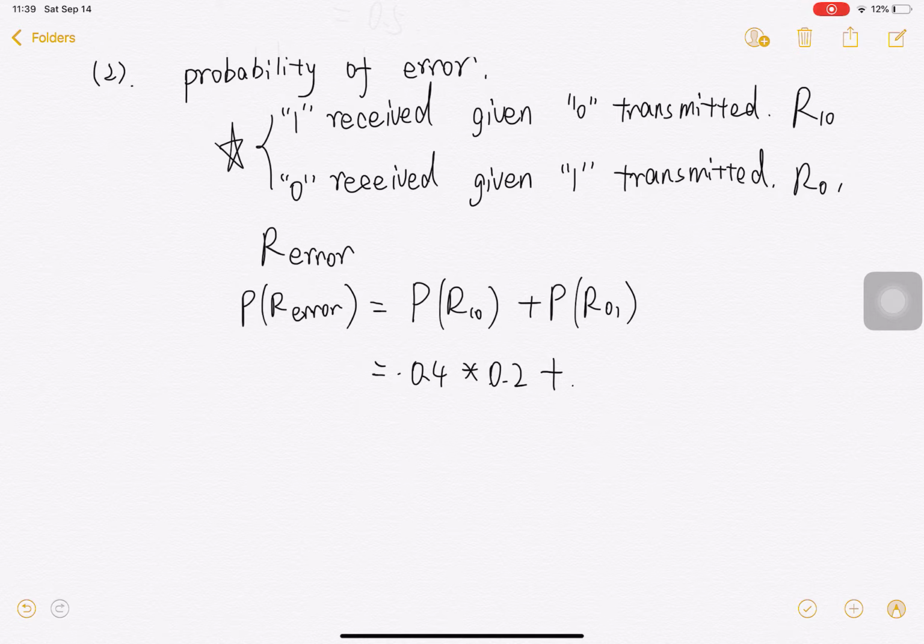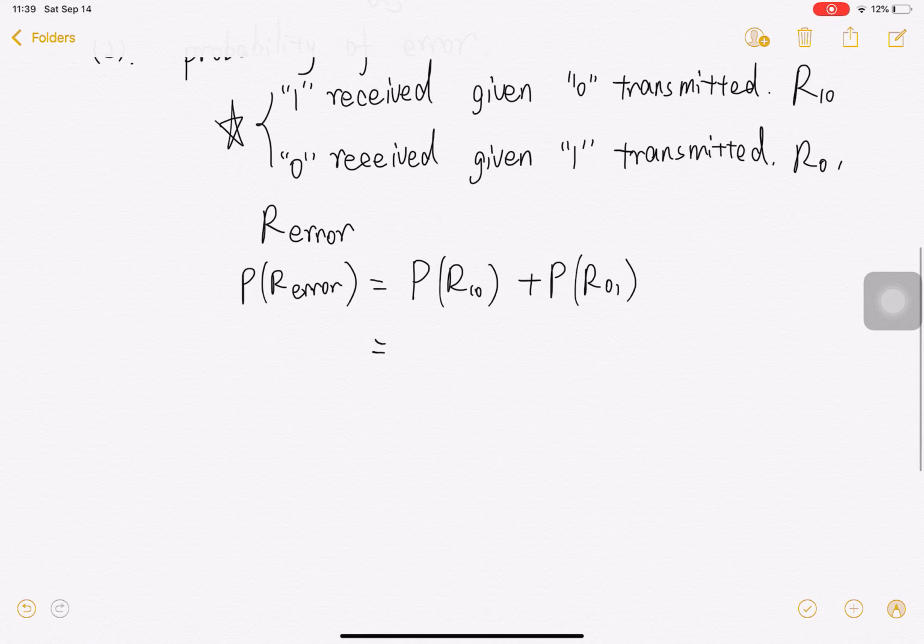And the second probability here is the probability of 0 received, probability of 1 transmitted, which is... no, actually, there's a little error here, it's a little mistake here.